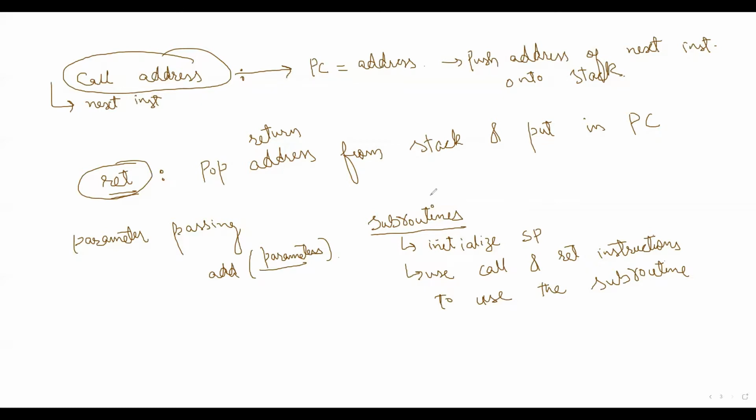Parameter passing in a subroutine is done using registers. Let's say I have to tell my subroutine to use a particular value. In the main program, I will put that value into register B. Then in my subroutine, I can use register B to get that value.